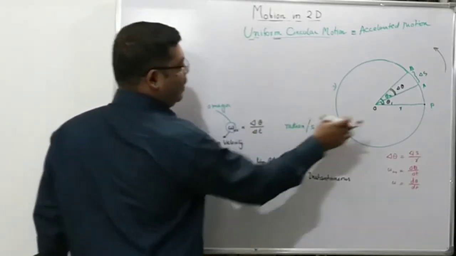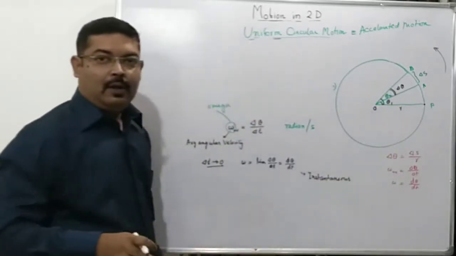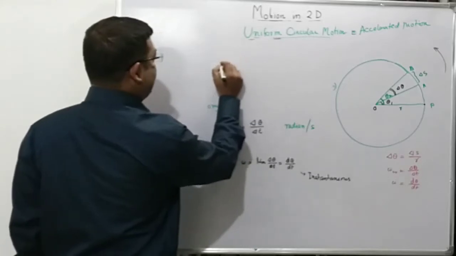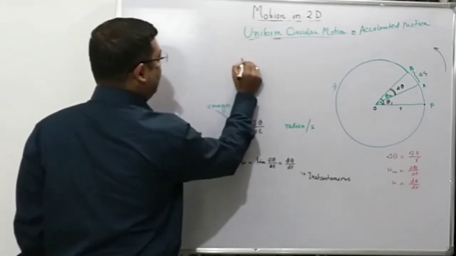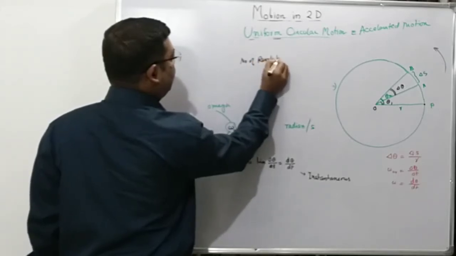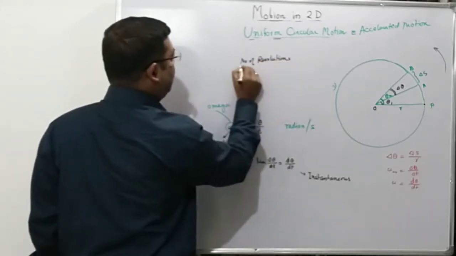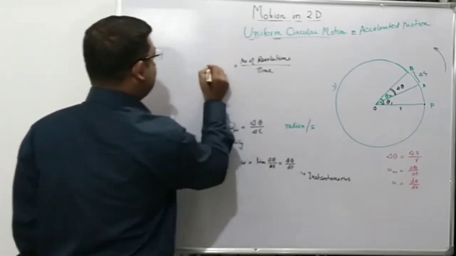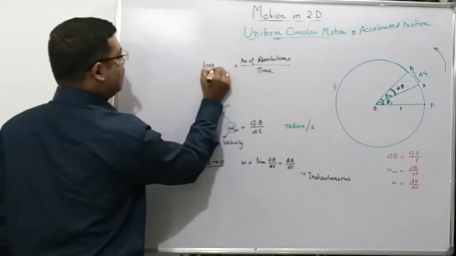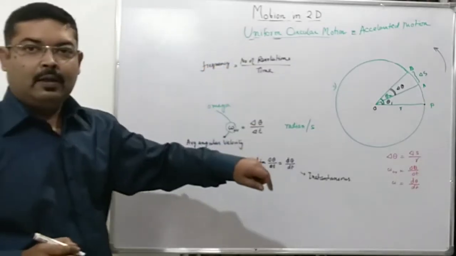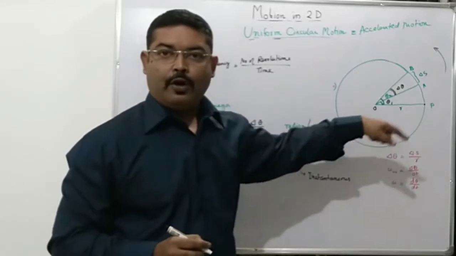If it makes 5 revolutions, it will be 5 per unit time. That number of revolutions divided by time is known as frequency of the object. How frequently it crosses the point P.